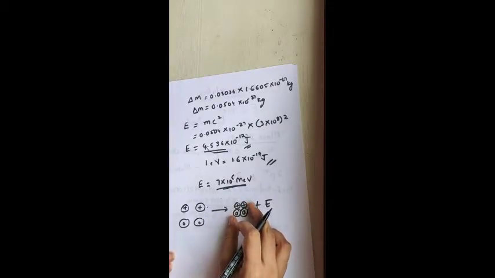Or if I take the reverse way, if I want to split this nucleus, even then the energy is needed. That energy is called as binding energy. Thus altogether I can say binding energy is the energy that holds a nucleus together, or it is the energy required to split the nucleus into protons and the neutrons. Got it?